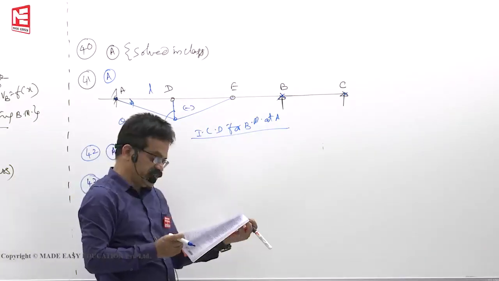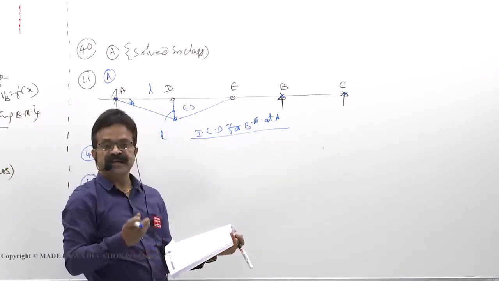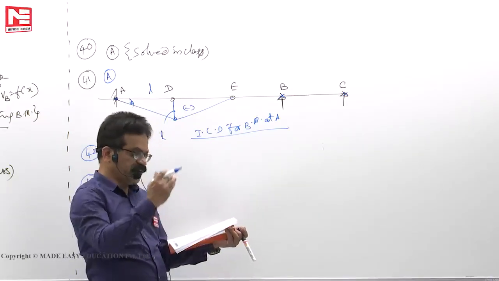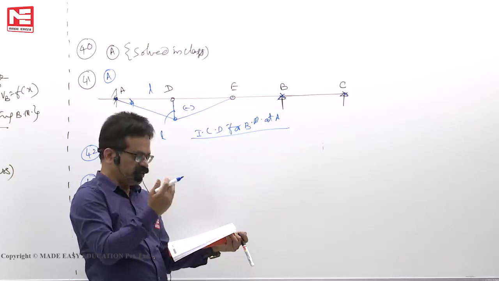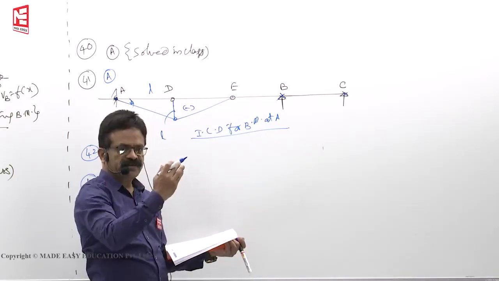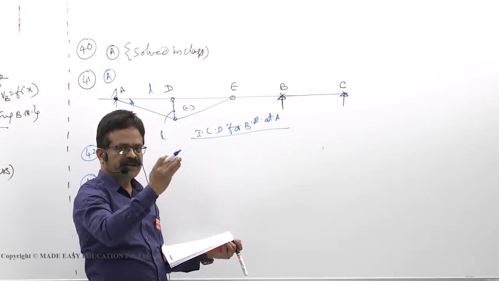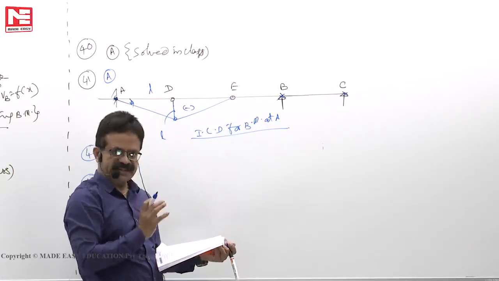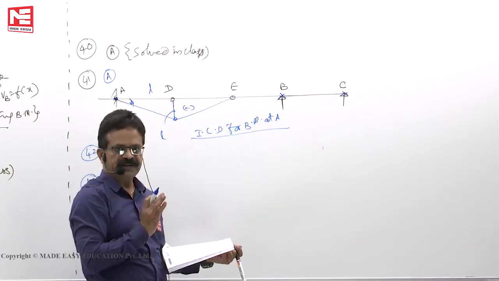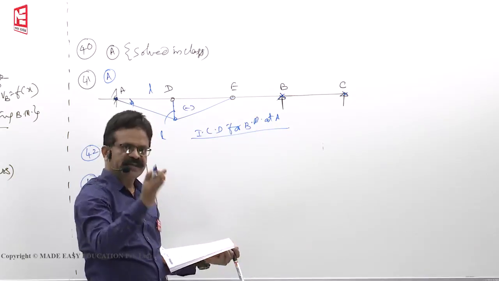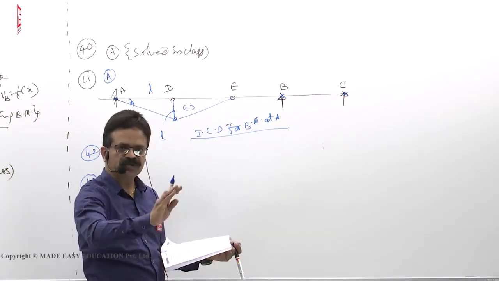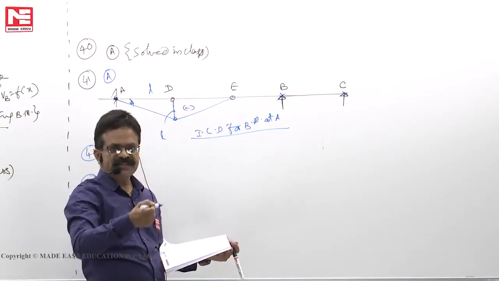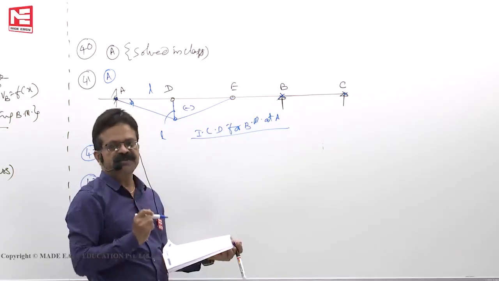Because if you say more than average load on the right segment, when the loads are moving from right to left, or left to right, one by one, at one stage the average load on AC will be less than the average load on the right side. So bending moment will change. One more load goes, then also more only will come. One more load goes, then also more. You don't get maximum. Wherever the change of sign happens, then it will be there.